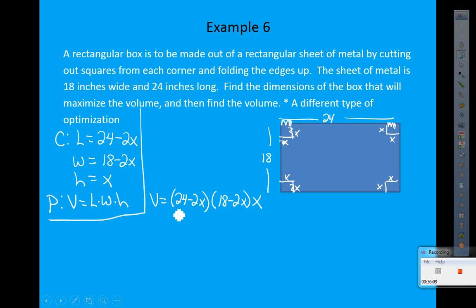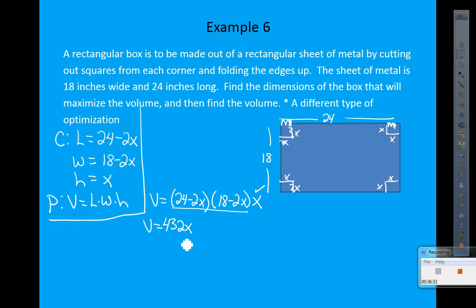What do I need to do there? I need to FOIL these out. So I'm going to get volume to be 24 times 18. So I'm just going to FOIL this real fast, guys. I'm going to get 432. And I'm going to go ahead and distribute an x. So I went 24 times 18 times x.